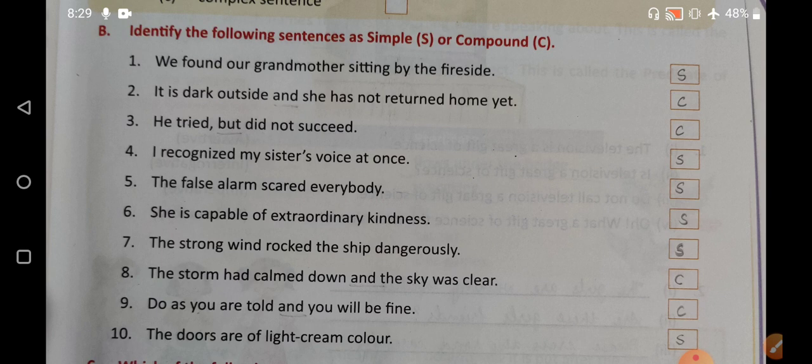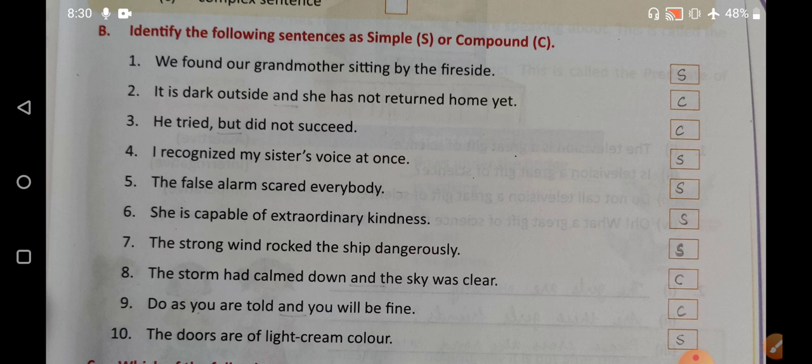Another one is, in a compound sentence you can have two verbs, but in a simple sentence there will only be one verb, because that only makes it a simple sentence. A simple sentence has only one main clause, one subject, and one finite verb, so it is easy.